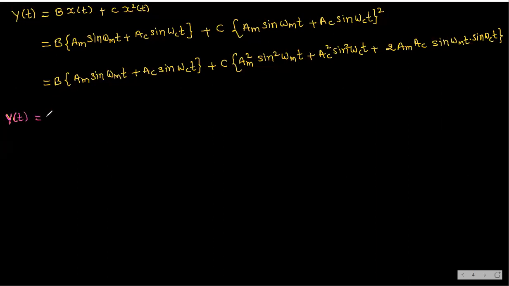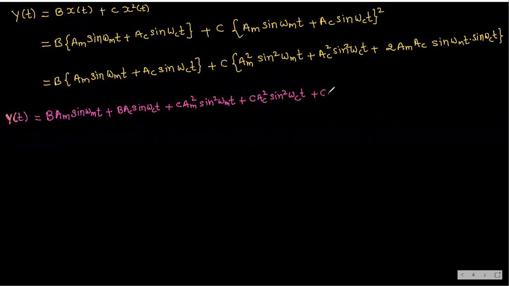Y of t is equal to b into Am sin omega mt plus b into Ac sin omega ct plus c Am square sin square omega mt plus c into Ac square sin square omega ct plus c into Am into Ac into 2 sin omega mt into sin omega ct.